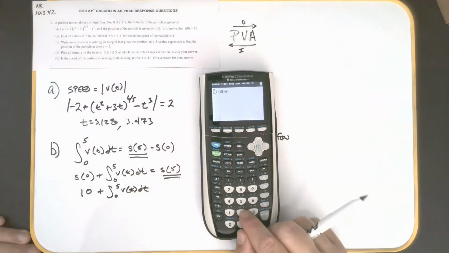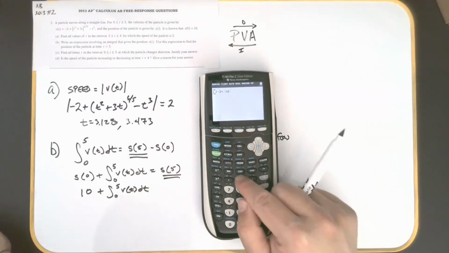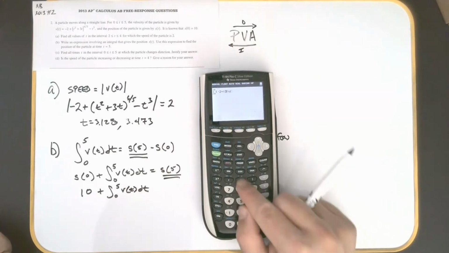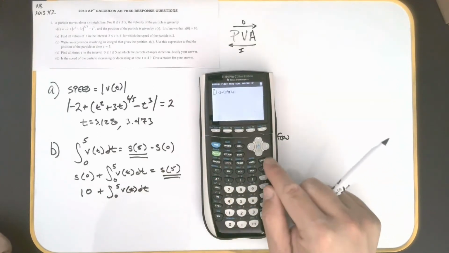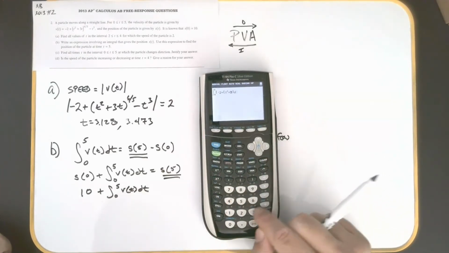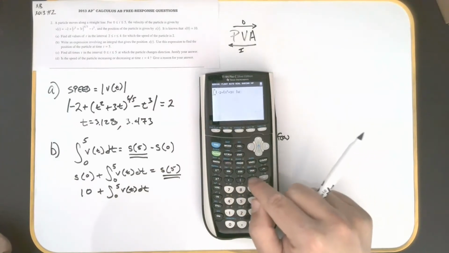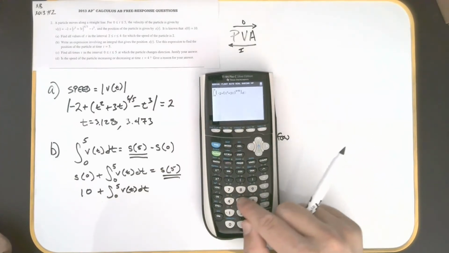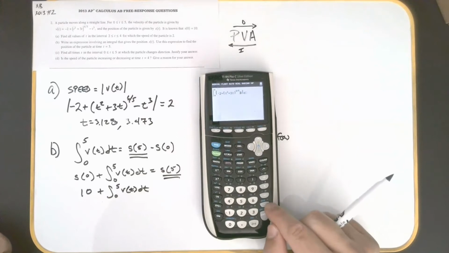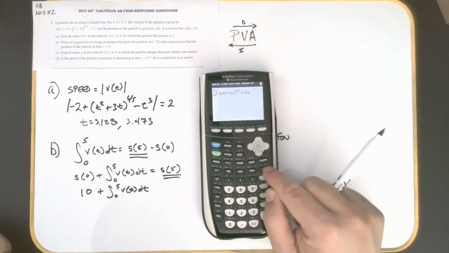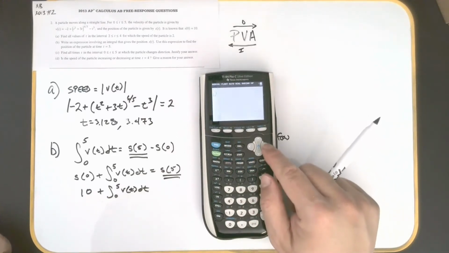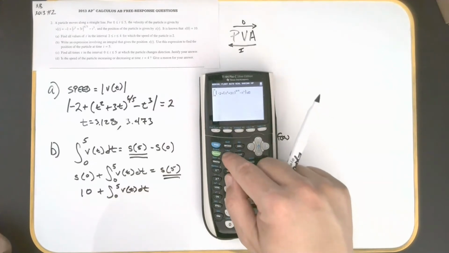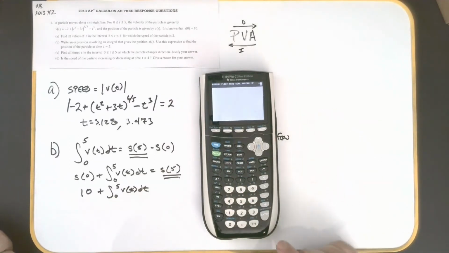So I've got -2 plus left parentheses, t squared, plus 3t, close parentheses, raise that to the 6 divided by 5, and then minus x cubed. My variable of integration here is x or t, and let's see what we get. The calculator does the work.